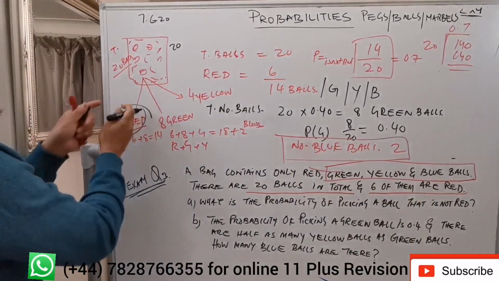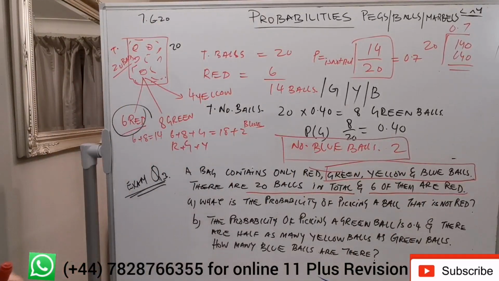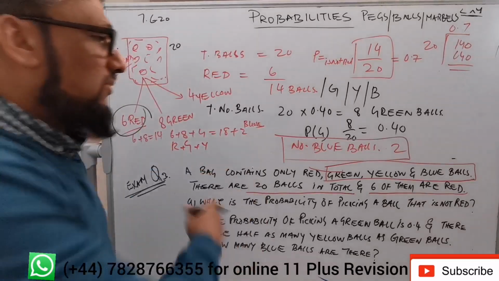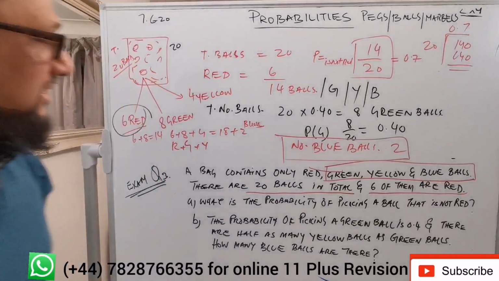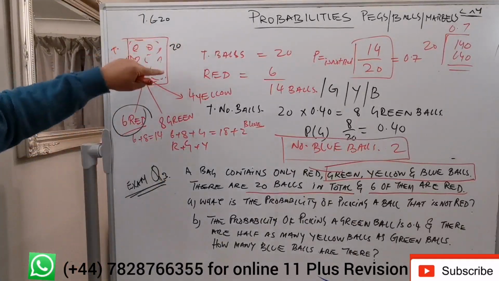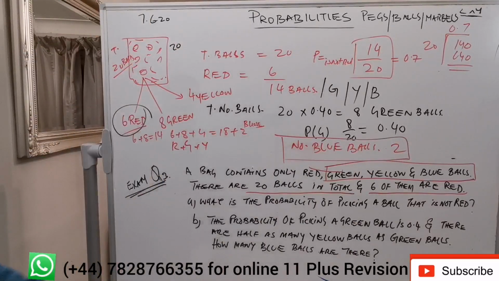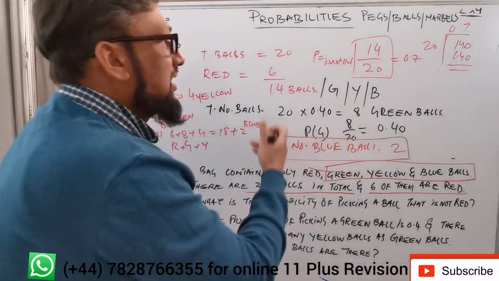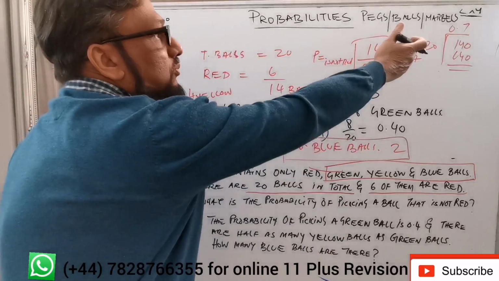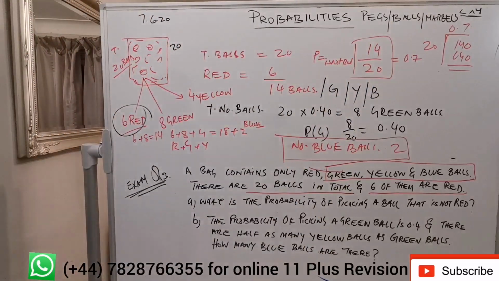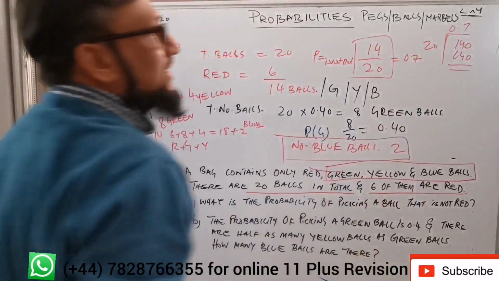They're giving you the 6 red already. The first part says find the probability for not red. So we just subtract 20, take away 6, which is 14, and 14 divided by 20, the probability isn't red is 0.7.